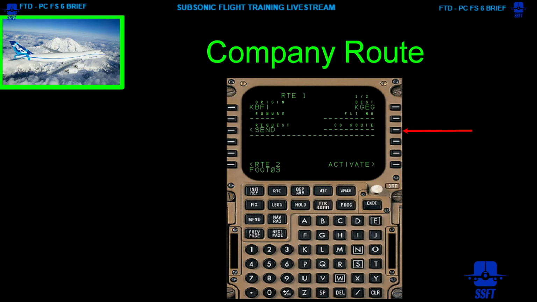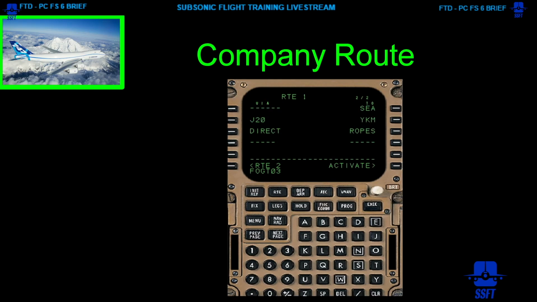A dashed line means that it's an optional entry. You don't have to enter something in a dashed line if you don't want to. It's not required. But if you want to get a company route, you'll put it in the dashed line. So in this case, we put it in the R3 position. And when you do, that'll create the company route for you.